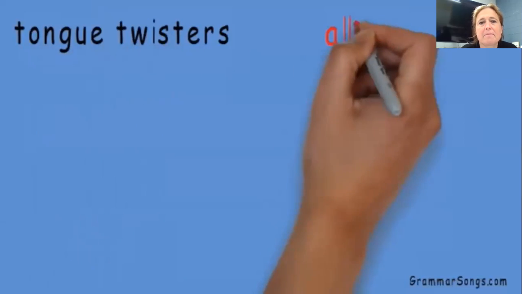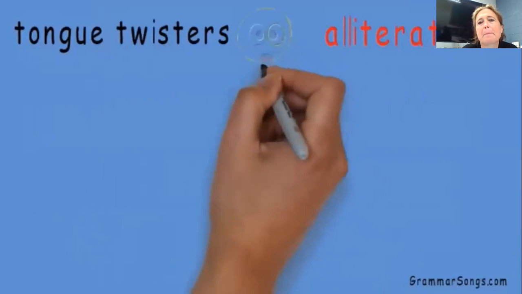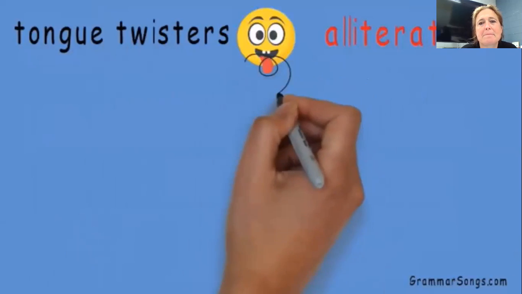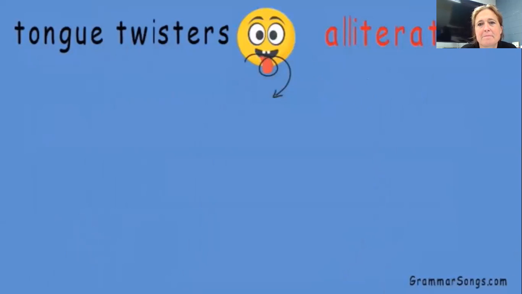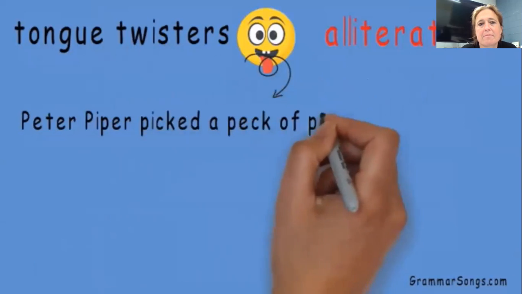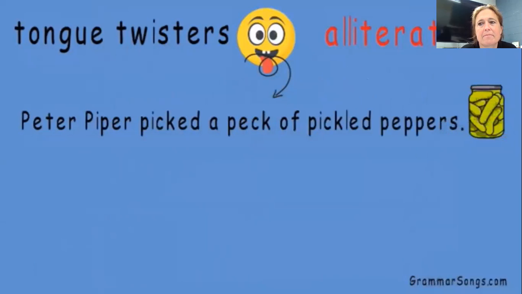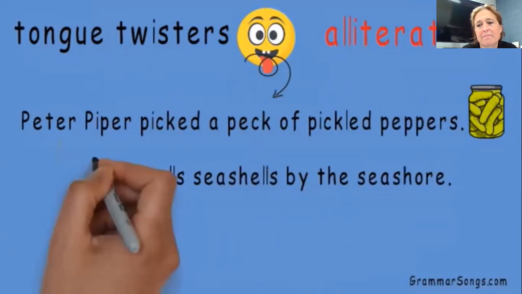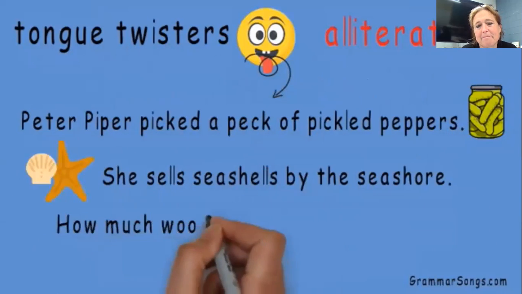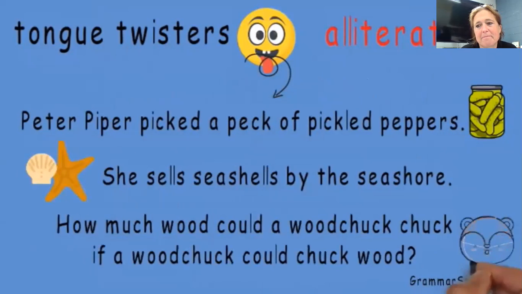Tongue twisters are among the most enjoyable uses of alliteration, and one of the easiest ways to practice and understand what alliteration is. Most people have heard famous tongue twisters such as Peter Piper picked a peck of pickled peppers, She sells seashells by the seashore, and how much wood could a woodchuck chuck if a woodchuck could chuck wood?